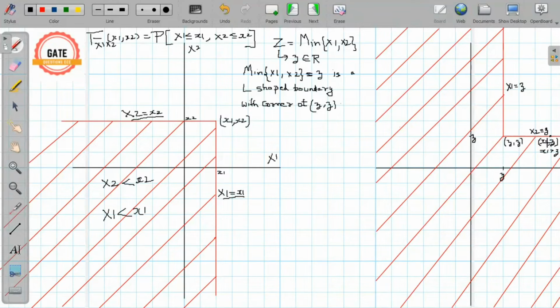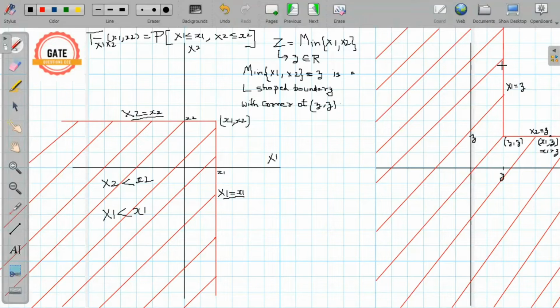So minimum among x1 comma z on this section of line will be z because x1 is greater than z. So everywhere on this line minimum among x1 comma x2 will be z. Similarly, you can check at this corner point that minimum among x1 comma x2 will be z.